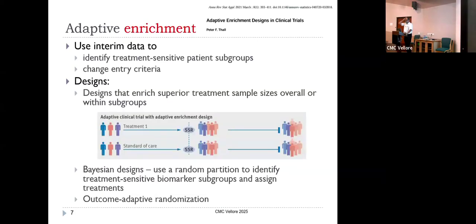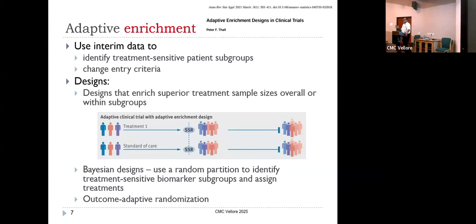Adaptive enrichment is one of those also pretty common ones. And that's, again, using interim data to identify which types of patient subgroups do better or not do so well. So that is very much unblinding. And so you say, wait a second, the older people are not doing so well, so I don't want to necessarily get more older people in this.